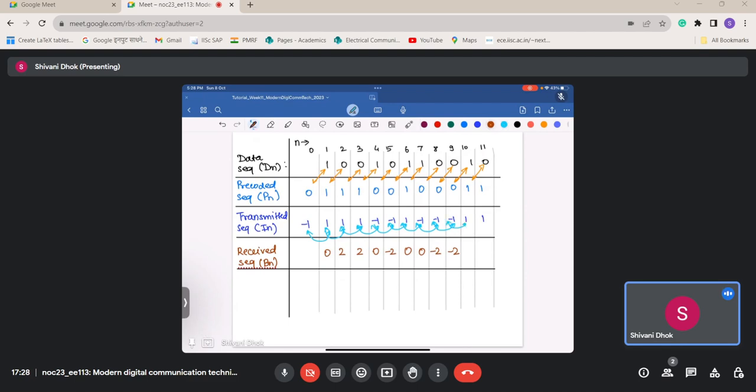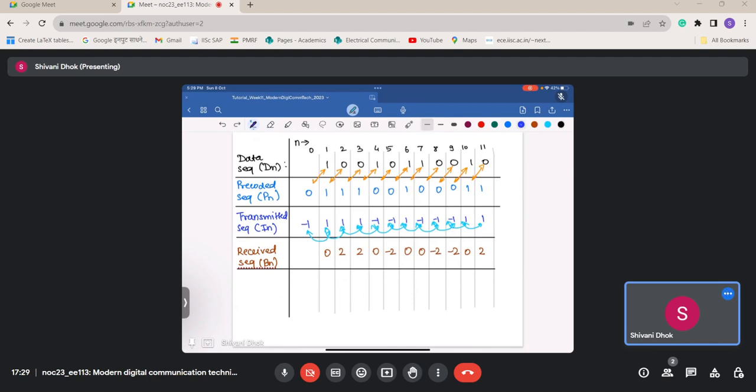Minus 1 and 1, that comes out to be 0. And 1, 1, and this comes out to be equal to 2. So your 0, 2, 2, 0, minus 2, 0, 0, minus 2, minus 2, 0, 2 is your received sequence. And now after that, what we need to do is we need to find your decoded sequence.